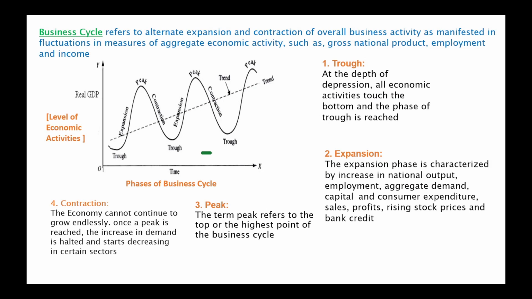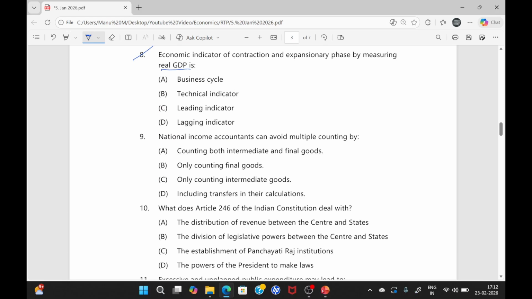We can explain this with the help of these notes. Please understand, in the business cycle, real GDP is taken on the y-axis. The fluctuations in the levels of real GDP are used as a criterion to measure the different phases of the business cycle. So obviously I can take option A.